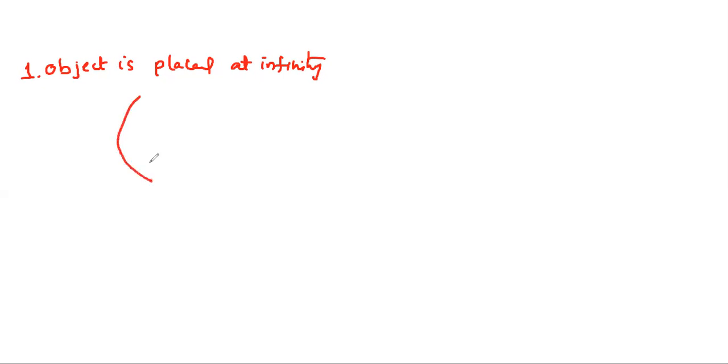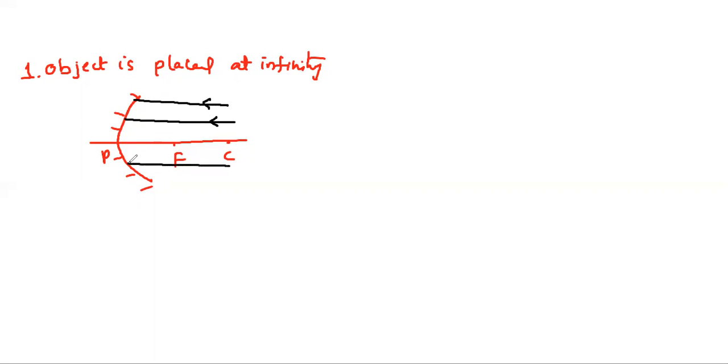Here I will consider in the first diagram, all the rays are parallel to each other. Pole, focus and center of curvature. Here my condition is all the rays are parallel to the principal axis. This is one incident ray, second incident ray, third incident ray and fourth incident ray.